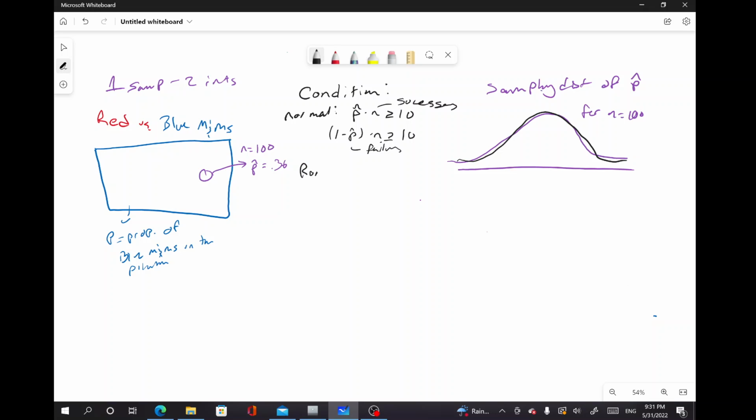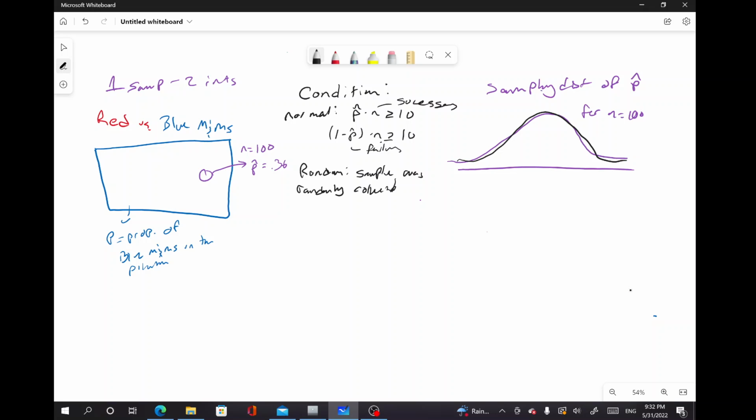Next, we're going to check the random condition, which is just that our sample was randomly collected. This is pretty simple.